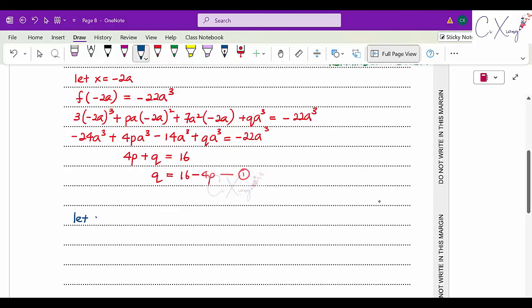When you let x equal a over 3 and substitute it into your function, the answer that you get will be the remainder, which is negative a power 3. So we substitute this value of x into the whole equation here.